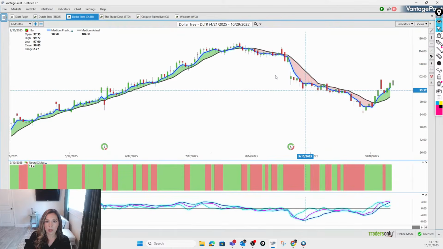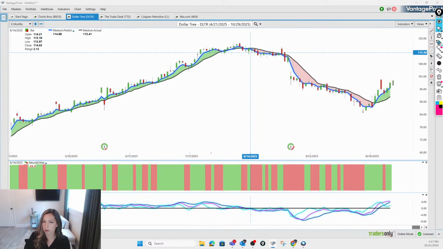Now, if you were in Dollar Tree previously, and again, these are for everyone who typed in exit into the chat, you'll want to pay close attention here, all right? So notice our trend remains green all the way up through here. And I did not mean to bold that line so well, but it's a great indication of a solid trend.